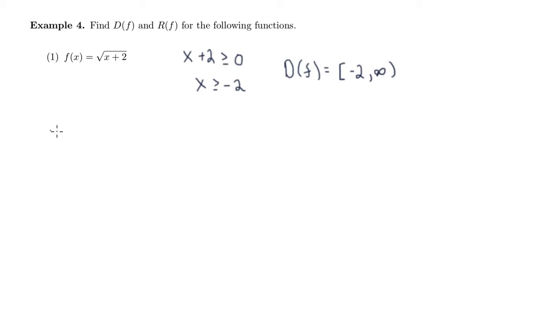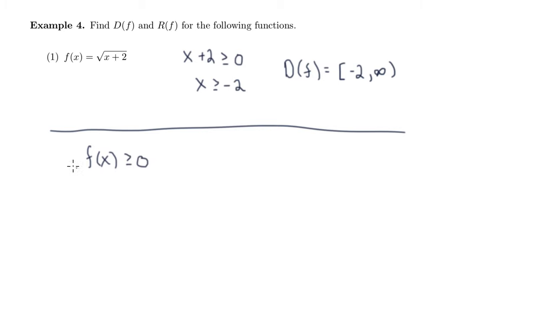Okay, so the range is a little bit trickier, and it requires maybe some clever observations. So the first one is that notice that f of x is always greater than or equal to 0. So we might be suspicious that the range of f be 0 to infinity.